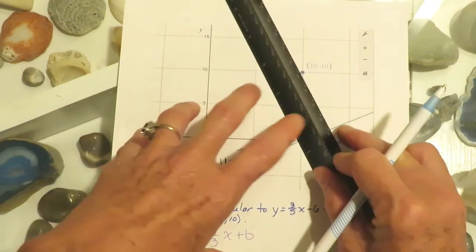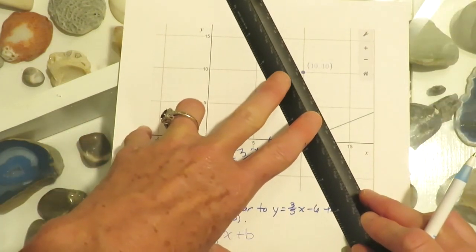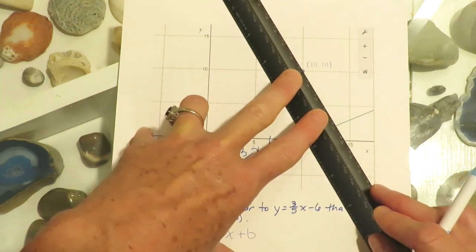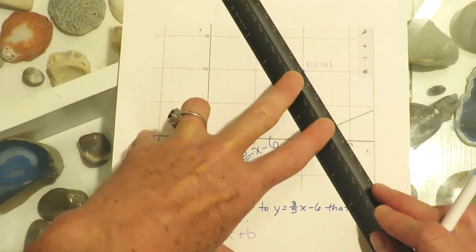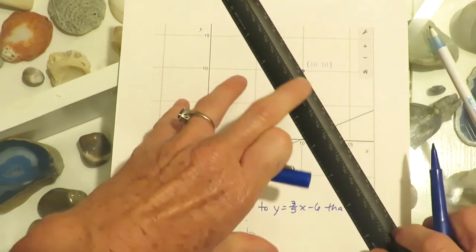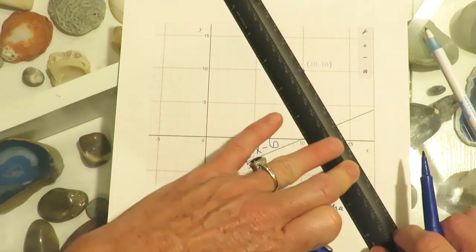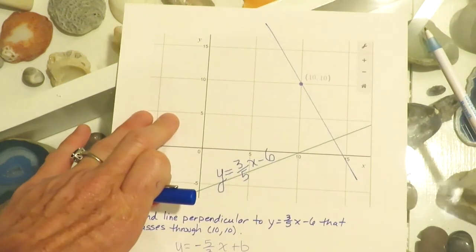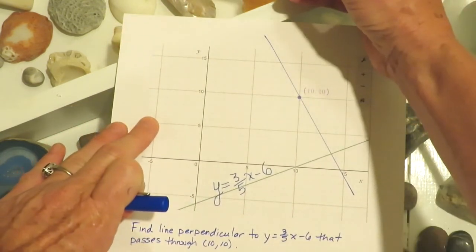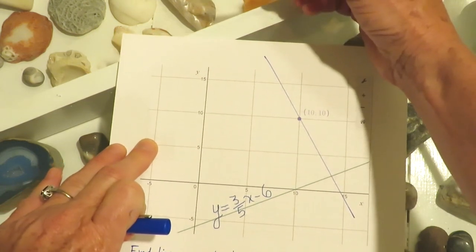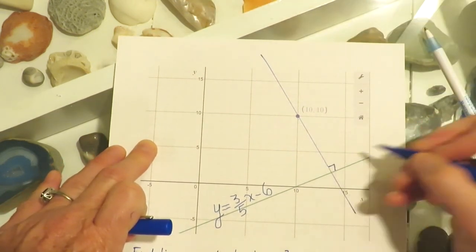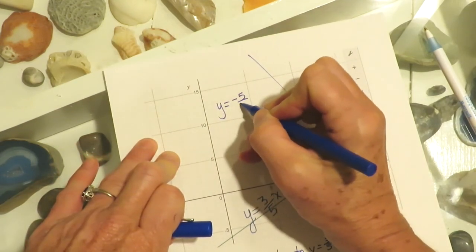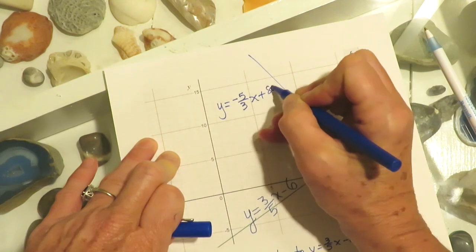But if I try to make a line perpendicular to this one, so I'm carefully trying to line it up so it's perpendicular, there we go. I could see that I'm heading off in the direction where if I was going to cross at 26 something, that would make sense. Okay, so my perpendicular line would be y equals negative 5/3 x plus 80/3.